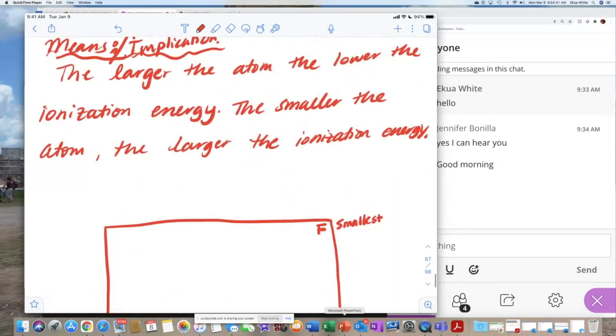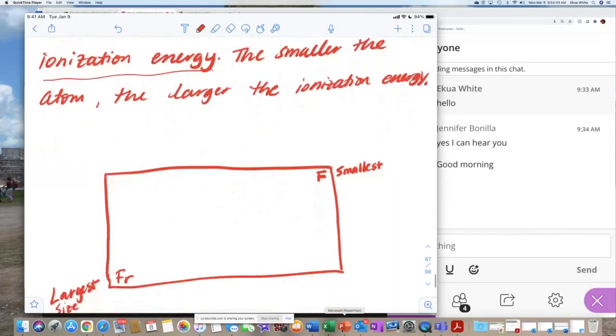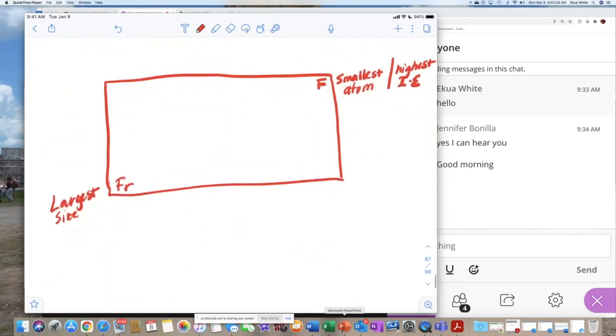So we're told here the ionization energy is opposite. So if you're trying to get an electron from a very, very small atom, let's think small atom. If the atom is smallest, then it should have the highest ionization energy, right? Because they're kind of opposite to each other. The trend is opposite. Smallest atom goes with the higher ionization energy. Then down here, if we have the largest size of the atom, then this goes with, well, I should have written differently, highest ionization energy.